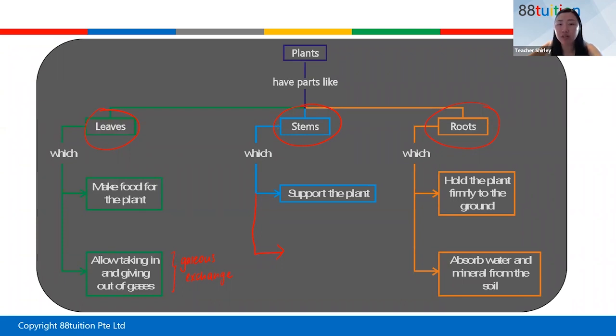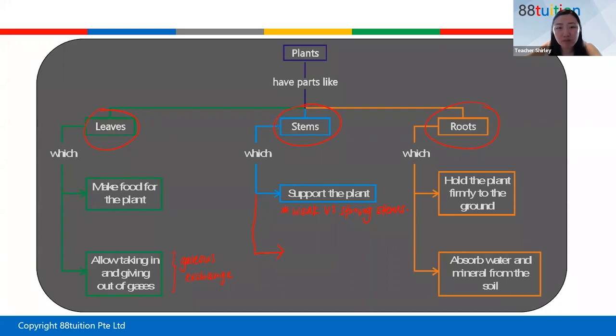Now, the second plant part we need to know is the stem. The stem, of course, is to support the plant. But let me just highlight, not all stems support the plant because there are your weak stems versus the strong stems. Some stems are weak. They are not able to support the plant upright.